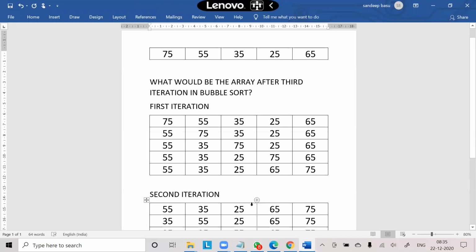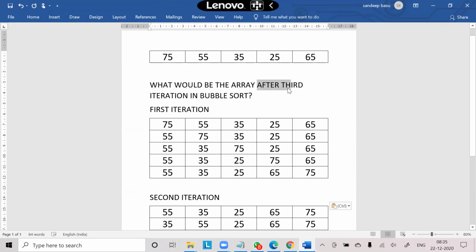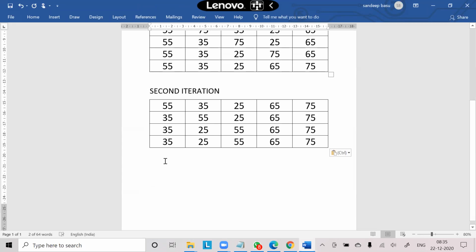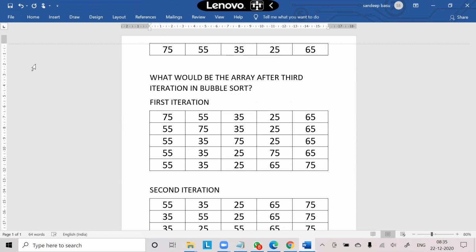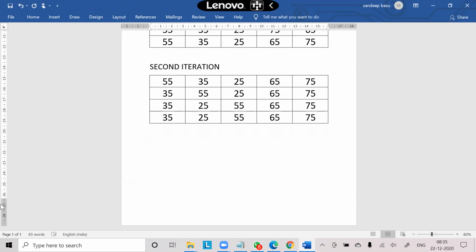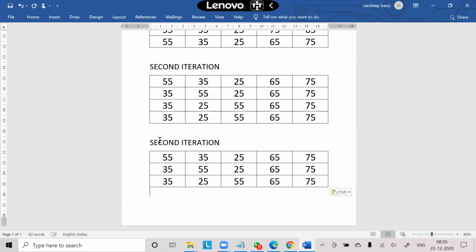Now is this the answer? No, this is not the answer. The question is asking about third iteration. So let me solve the third iteration as well. Let me solve it. 2 minutes. This is the question and the answer. I needed more steps. So control C, control V, and now time to solve third iteration. Third iteration is where the things would vary.